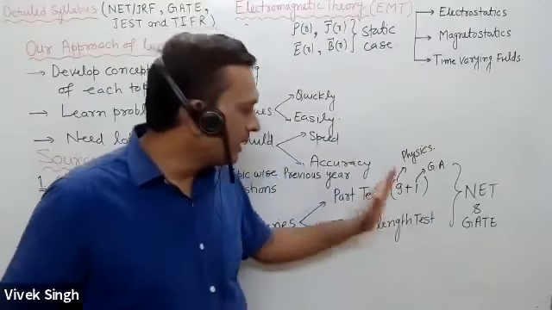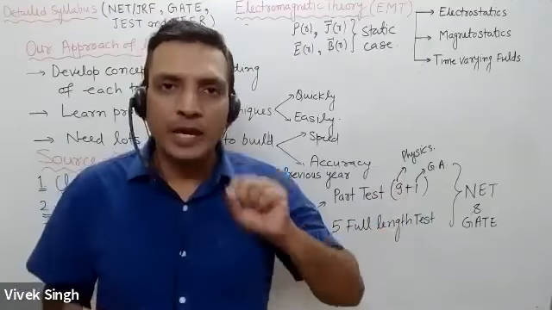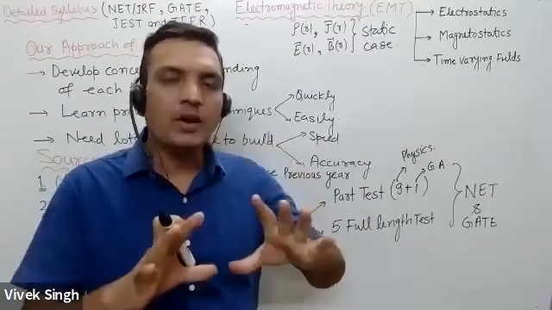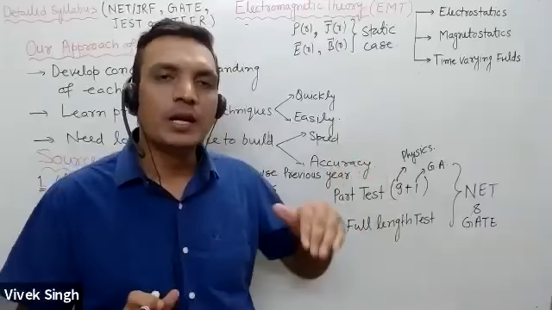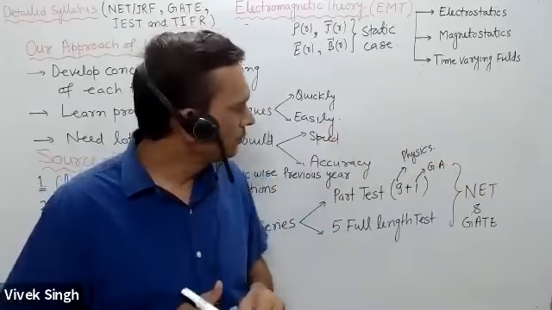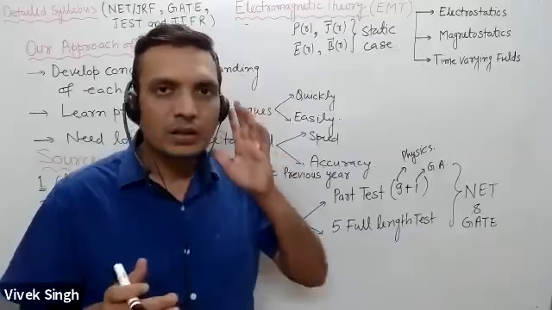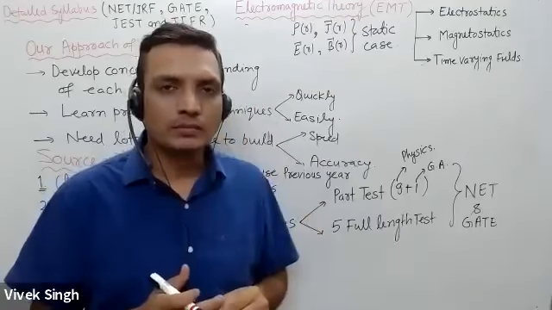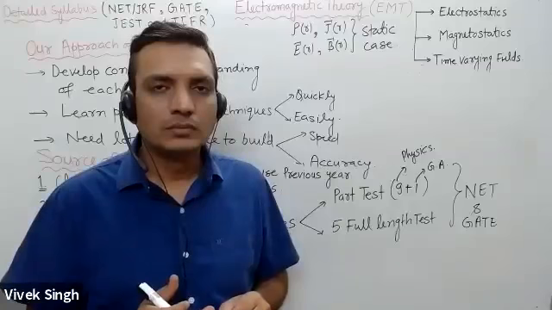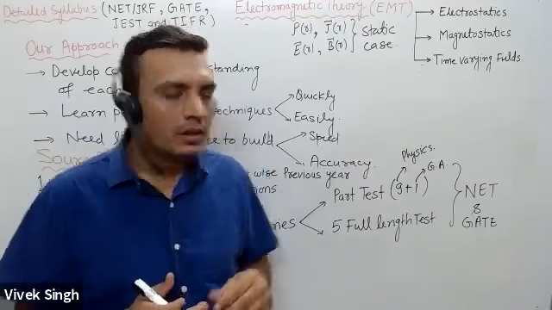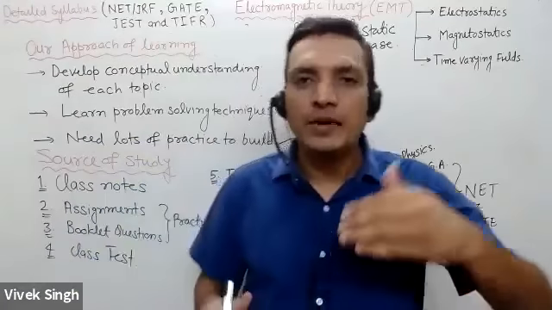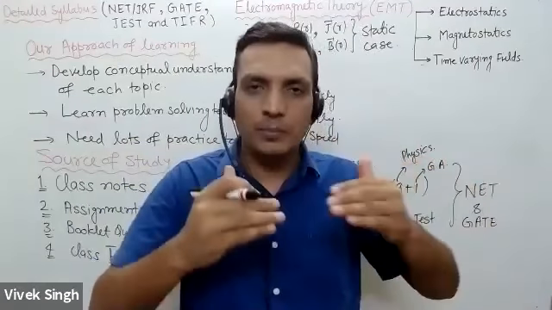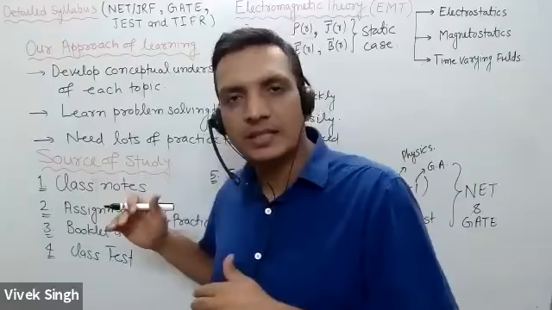For each topic, you will get NET as well as GATE previous year questions. For example, electromagnetic theory, you will get questions on exact pattern only on electromagnetic theory. Similarly, for other topics. We will provide topic wise. For example, in electromagnetic theory, we have arranged it in Coulomb's law, Gauss law, potential in same order that I have discussed.